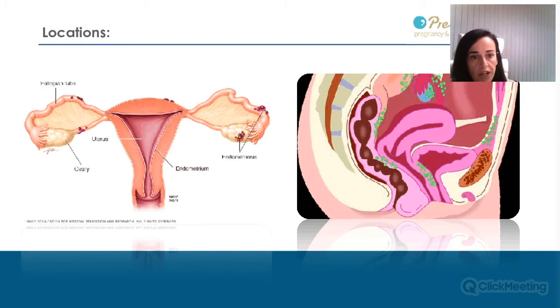Depending on the locations, when the women have their menstruations, they can have pain in each location. They can even have urine with blood and pleural effusion in the case of the chest location.